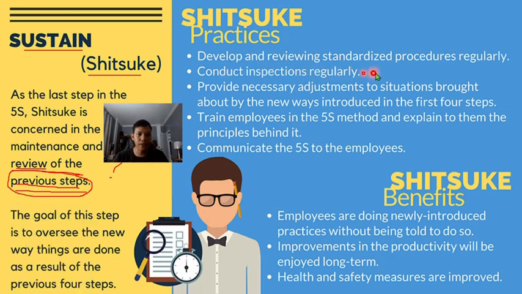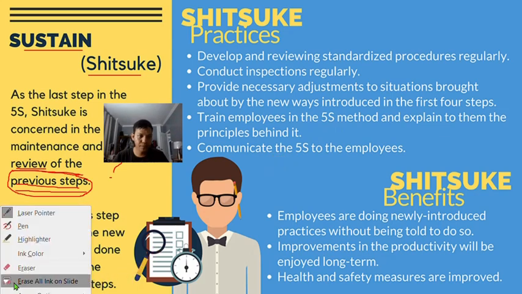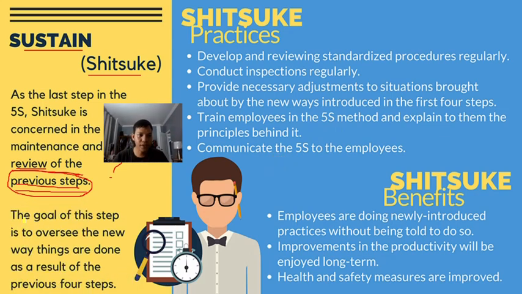So here are the practices. Number one, develop and review standardized procedures regularly. Number two, conduct inspections regularly. Number three, provide necessary adjustments to situations brought about by the new ways introduced in the first four steps. This is what I mentioned a while ago. Adjustment on what?